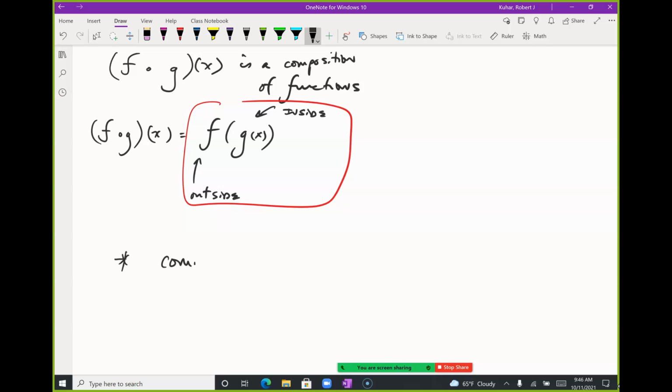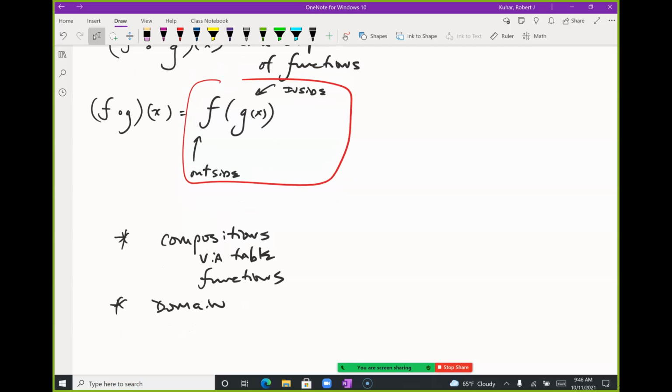Let's do some compositions via table and actual functions. Let's look at the domain and talk about the theory behind the domain, what has to happen with the domain, and then maybe this inside-outside piece.